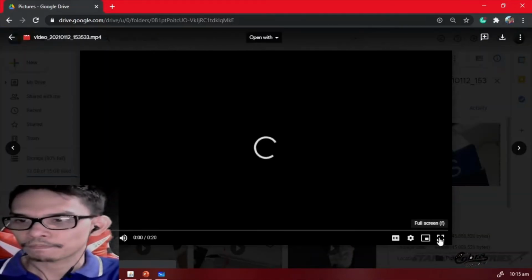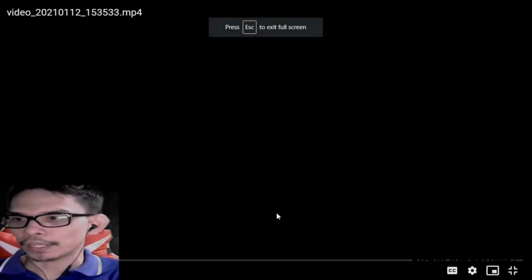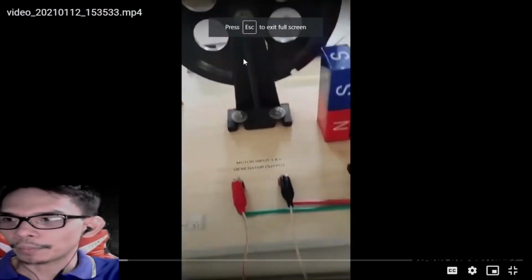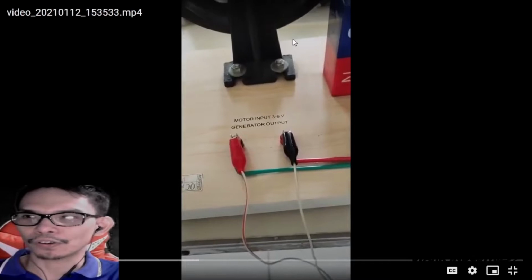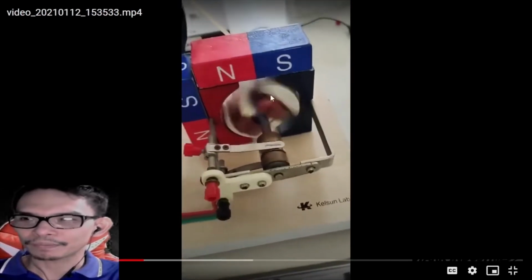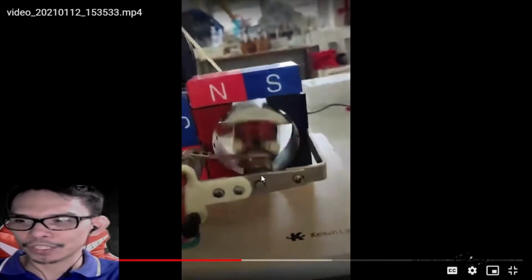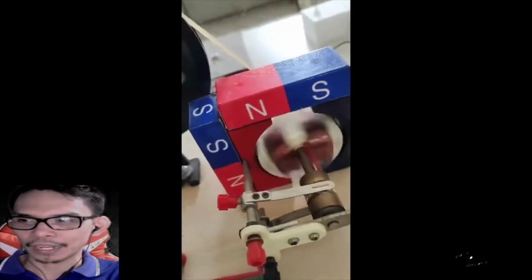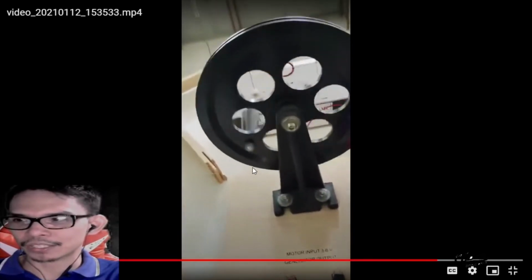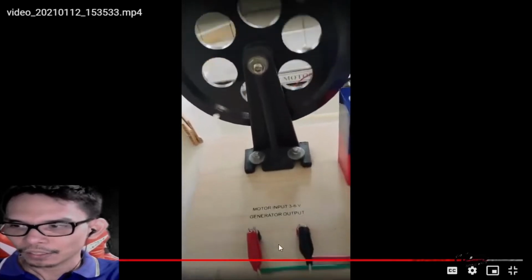This time the mechanical energy, the turning of the wheel, is possible because there is electrical energy that supplies it, connected to this power source that we have right there.